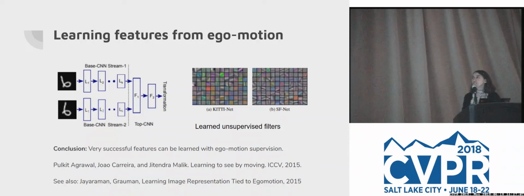Another very, very interesting thing is that they show that if you change the task, which typically is a classification task of multiple classes, and if your task is something like tracking or ego motion prediction or something of this sort, then they're finding that their features are actually even better.